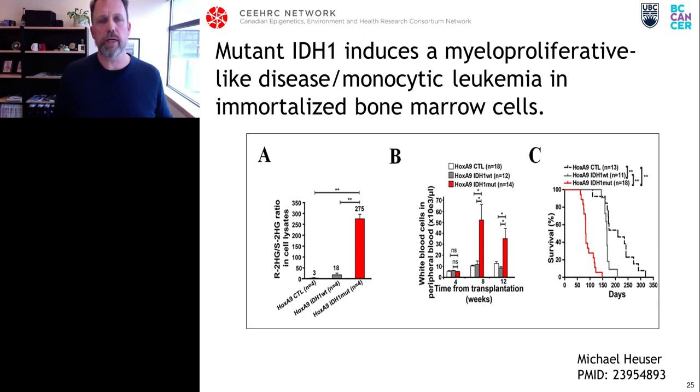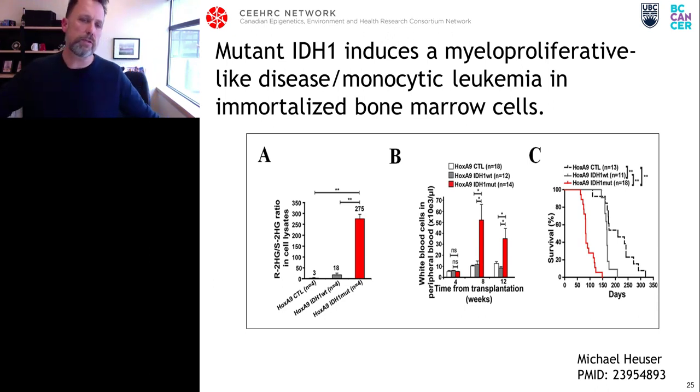So we set out to directly test this, in this case using a leukemic model. In this model, we take bone marrow cells from a mouse and we immortalize them using a well-known oncogene, HOXA9, as shown in the left-hand panel.